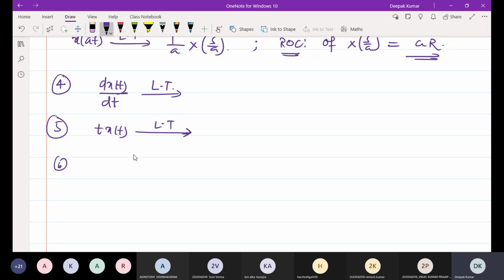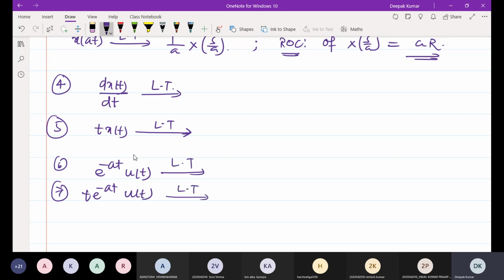Try to simplify e to the power minus at u of t. Try to simplify t into e to the power minus at u of t.